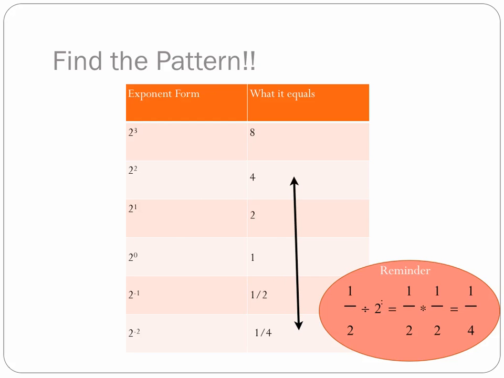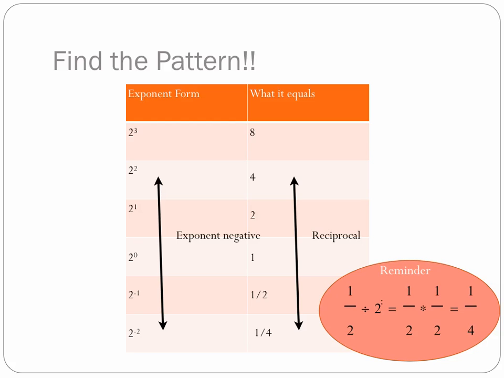I'm noticing that my 4 up there is a big number, whereas it's down there on the bottom of a fraction. So I could say, well, that's the reciprocal. And I'm seeing over here, if I go straight across, that 2 squared and 2 to the negative 2, the only difference between those is this negative sign in front of the exponent.